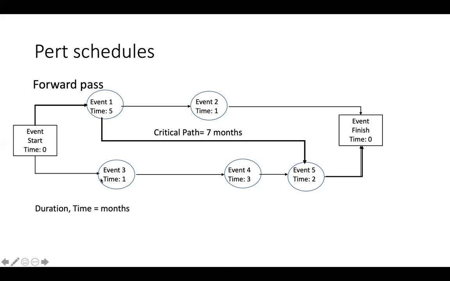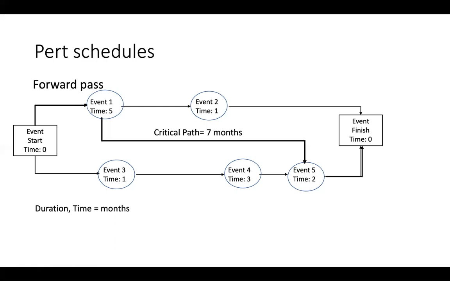Event 3 can earliest start when the project starts, and can earliest be finished by the end of month 1. And finally, event 4 can earliest start in the beginning of month 2, and earliest be finished in the end of month 4, i.e. 1 month plus 3.